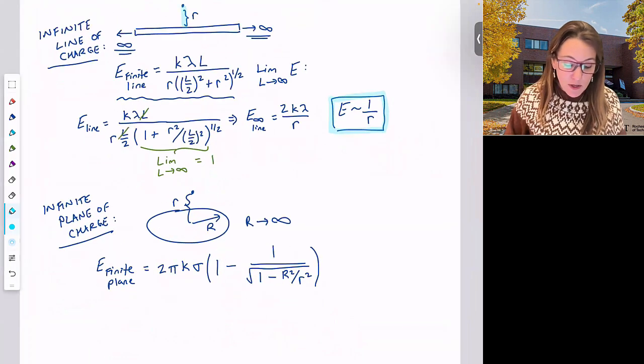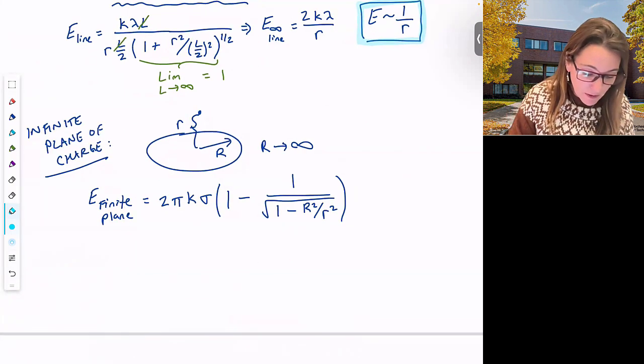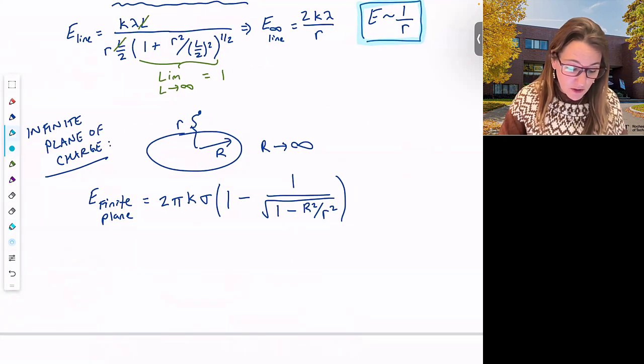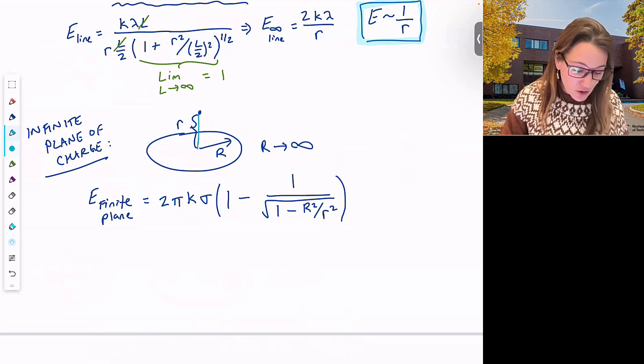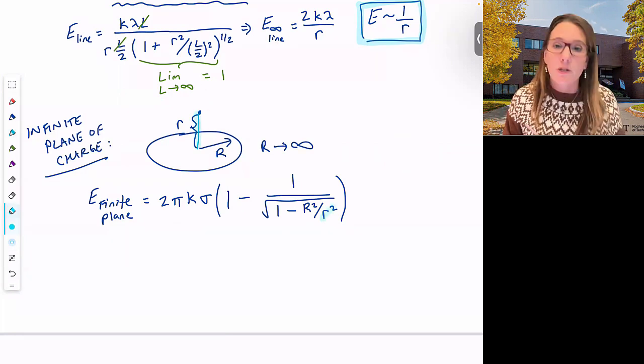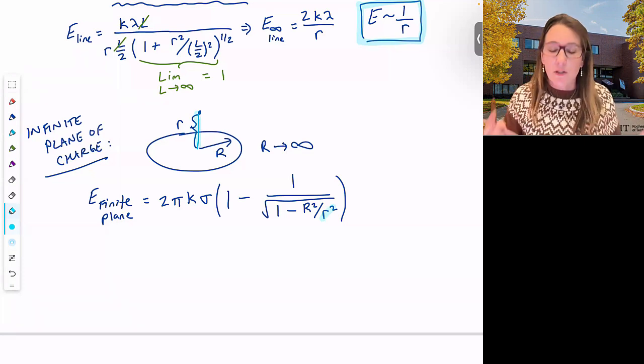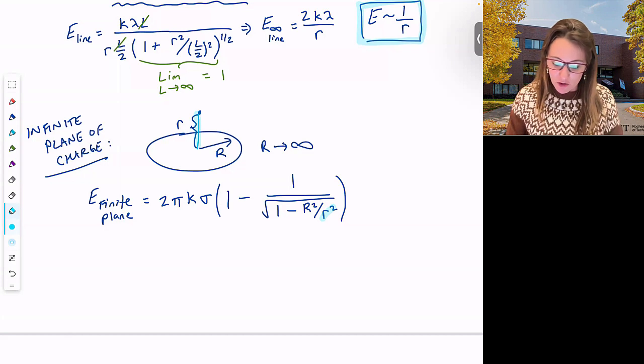And then lastly, we just did a plane of charge, but now let's see what happens a large distance away. Here I'm again just using r as the distance above the plane. I've rewritten the result we just derived, putting in this little r instead of z to keep it consistent for all these geometries.